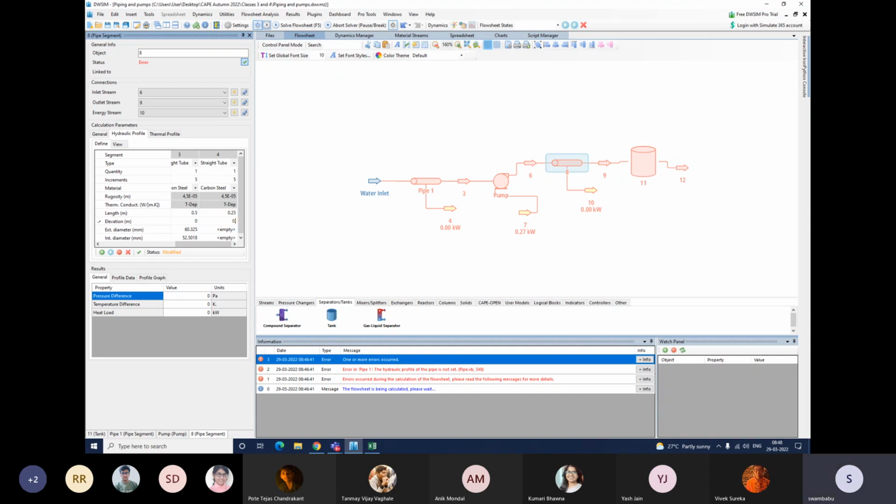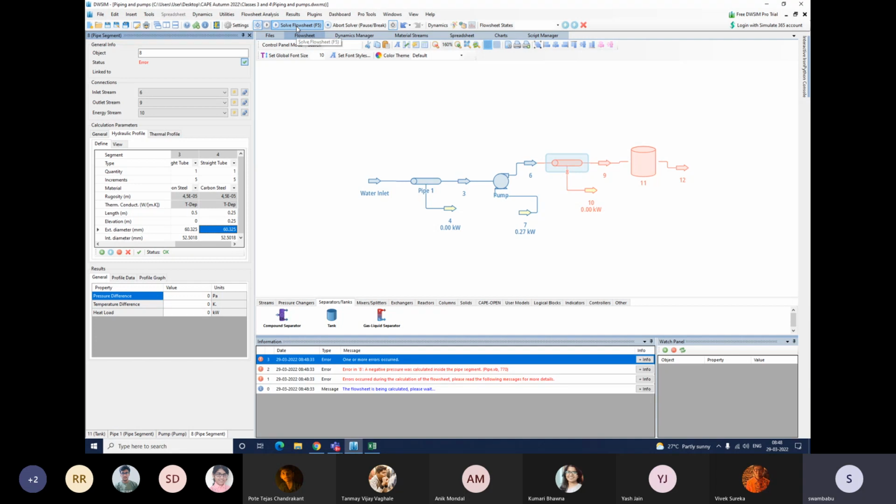Elevation 0.25. External diameter is this. So now we have defined everything, and maybe now we can solve. Now I run the flow sheet.